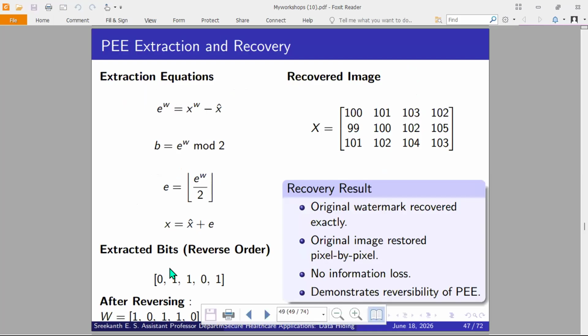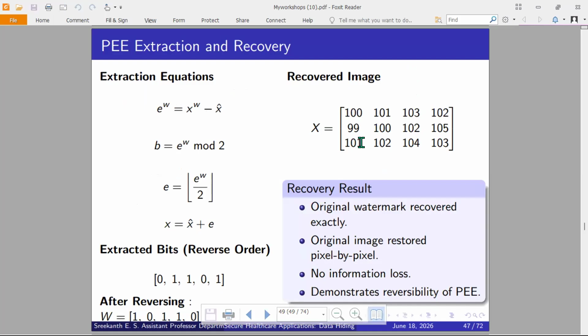After getting the watermark, he will reverse it. So you will get the final watermark as well as the recovery, which is the same as the initial image.